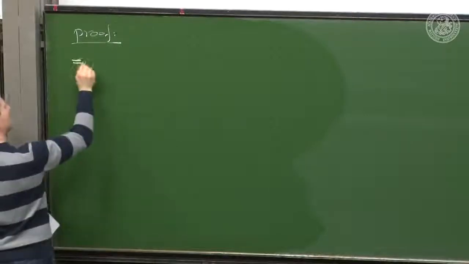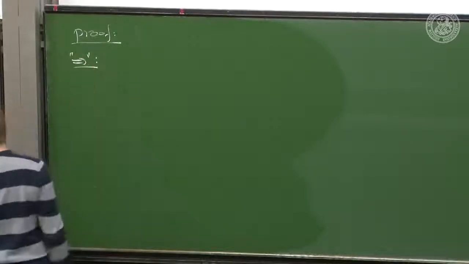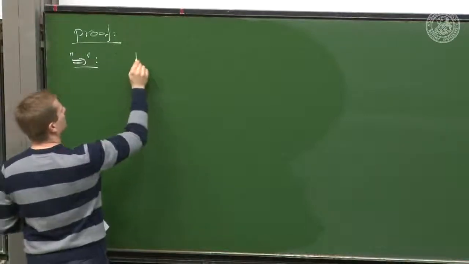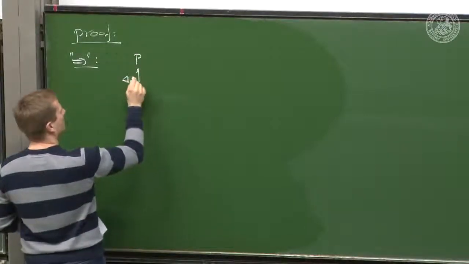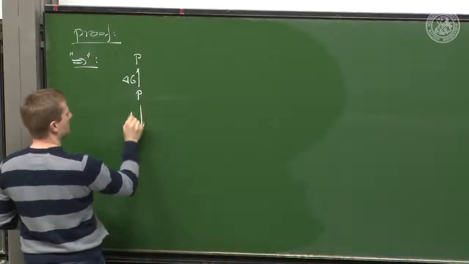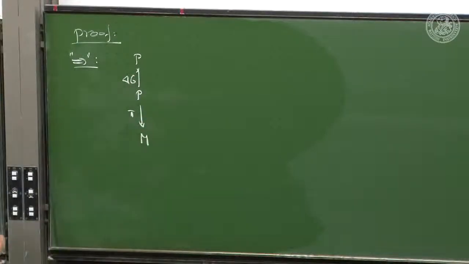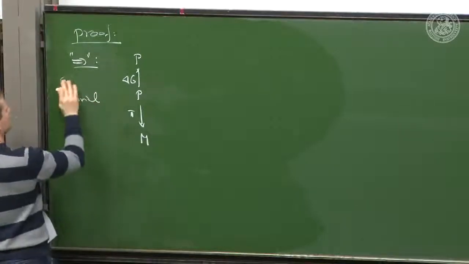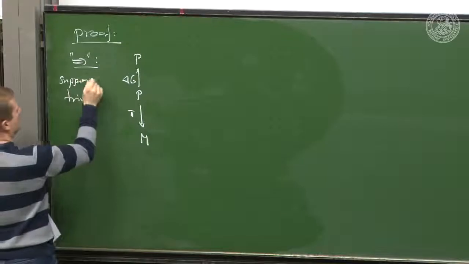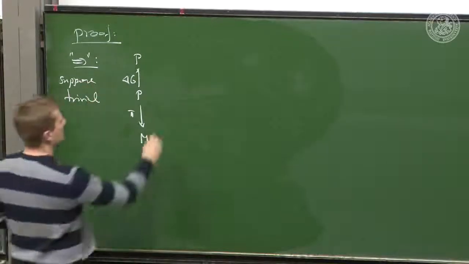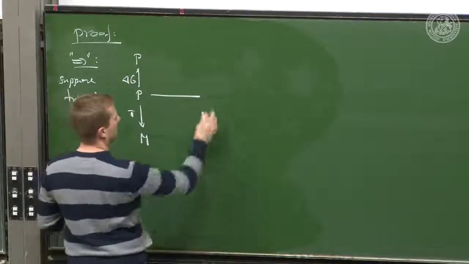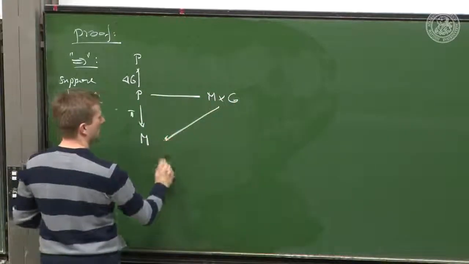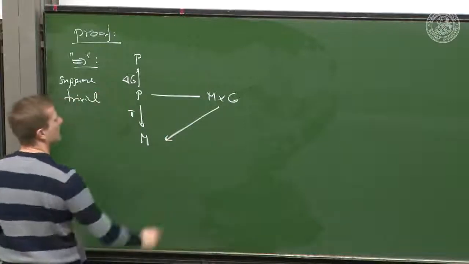So if we first go in this direction, that means we know the bundle is trivial, right? So P, G, P, pi, M, we know it's trivial. Suppose we have a trivial bundle. That means we do have a bundle map into M cross G that works like this, okay?